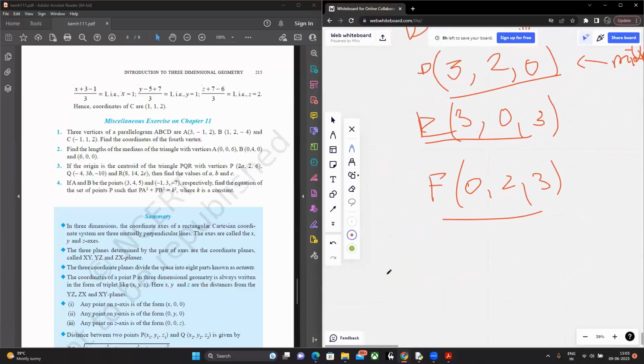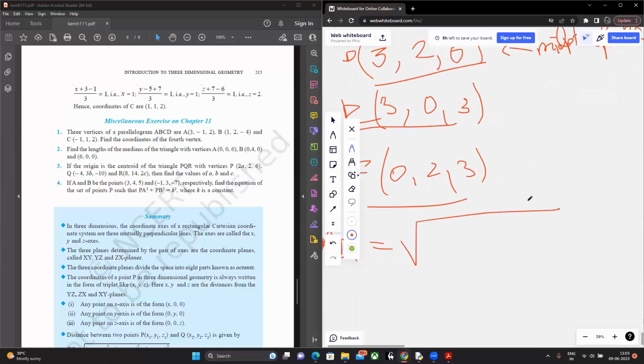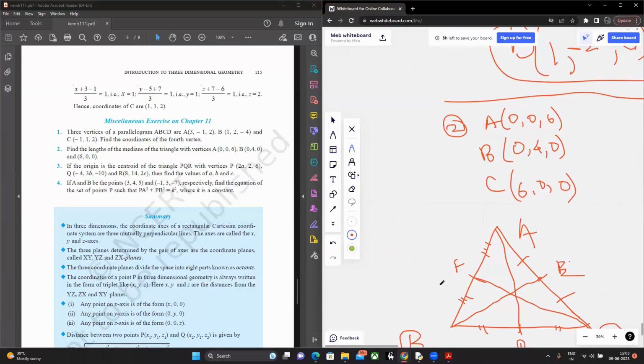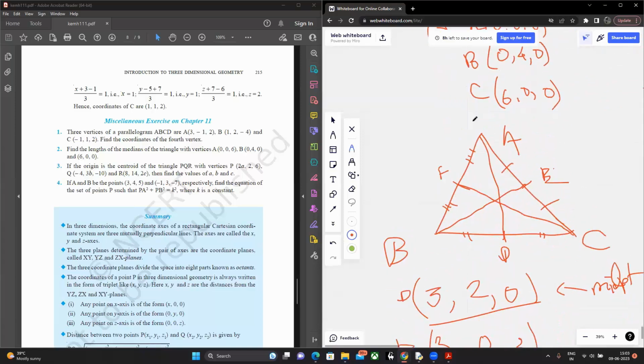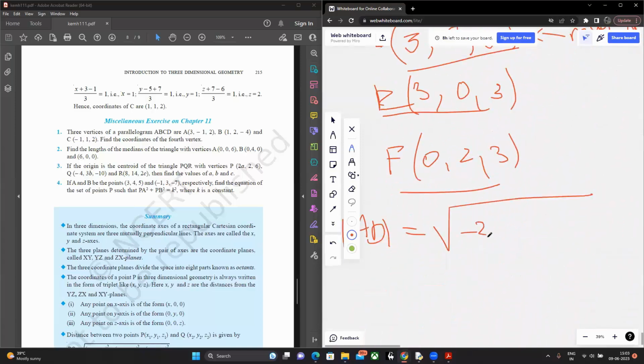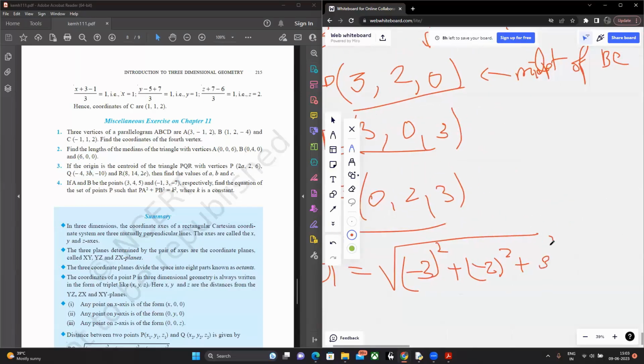Thus, you can find the lengths of the medians. That is length of AD, that is represented by the distance formula, square root of 0 minus 3, that is minus 3 the whole square, plus minus 2 the whole square, plus 3 minus 0, that is 3 the whole square.